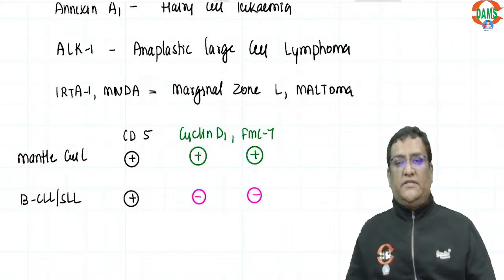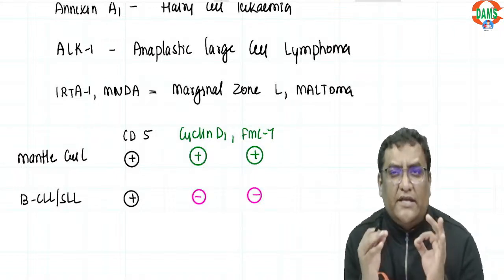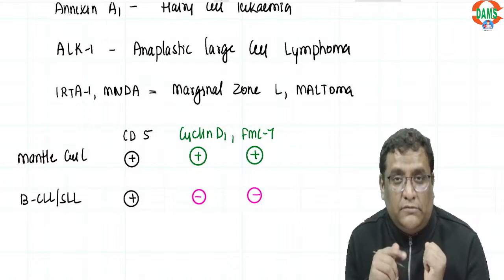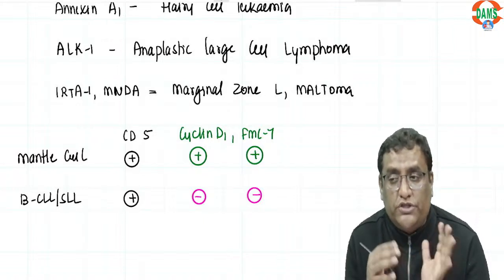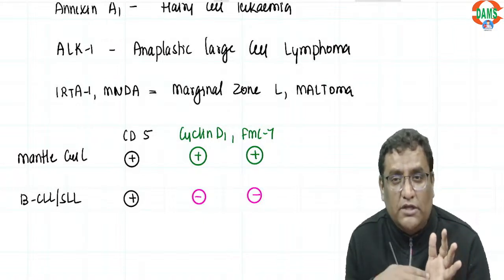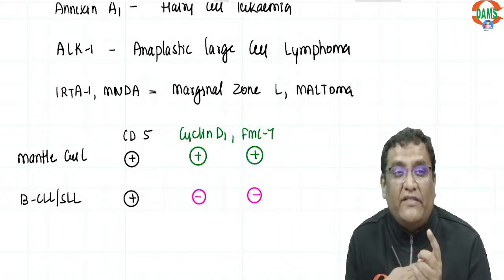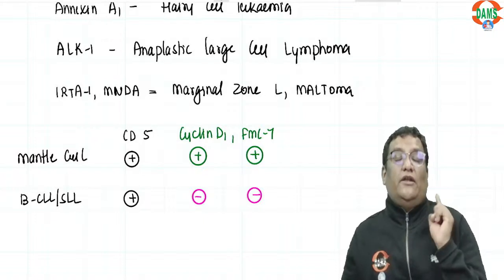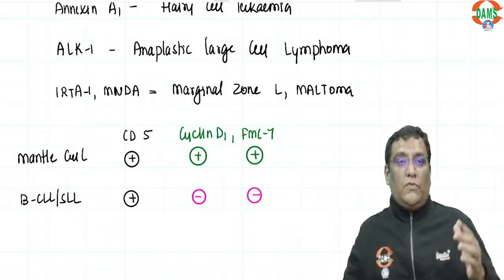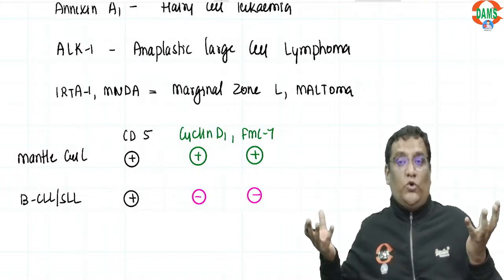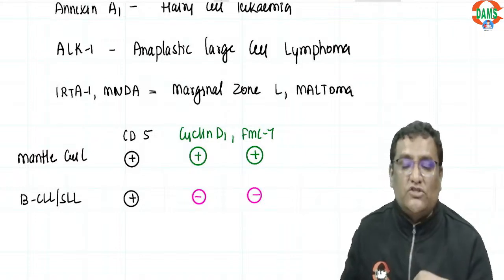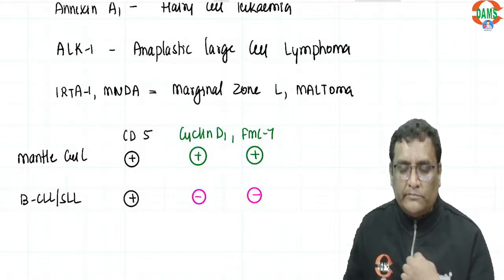BCLL SLL has a dual cell origin. It is an exception. Its postulated origin is both pre-germinal as well as post-germinal. Another exception for CLL SLL, it expresses markers of pre-germinal and germinal.